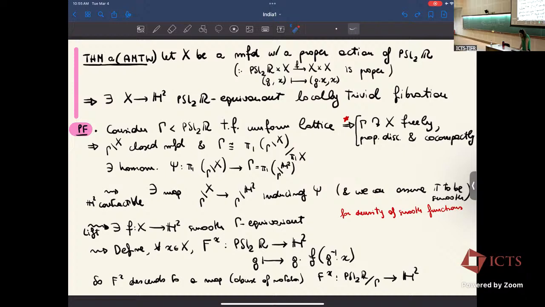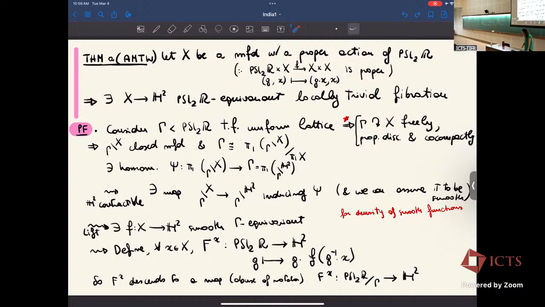And so you can construct a homomorphism between those two fundamental groups. And since H2, the symmetric space, is contractible, this map is induced by a map between the quotients.